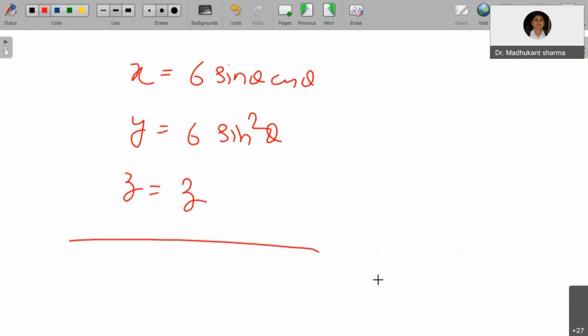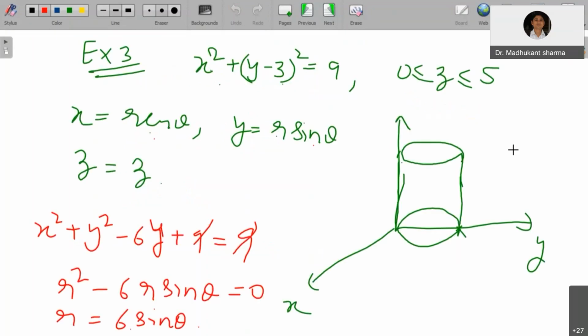So this will be giving you the parameterization. Again, theta is from 0 less than or equal to theta. What is the limit of theta? Yes, can anyone tell what is the limit of theta?